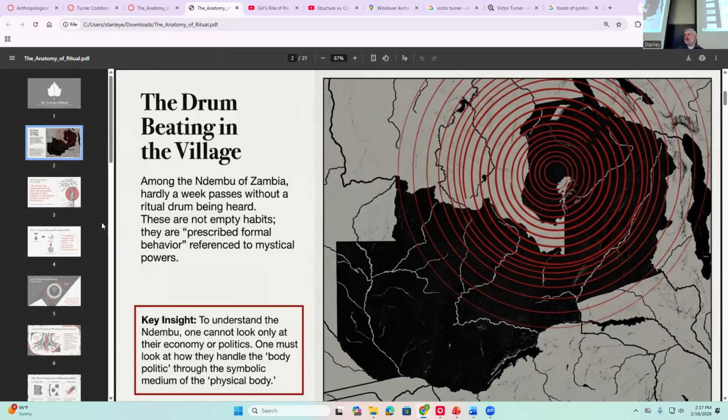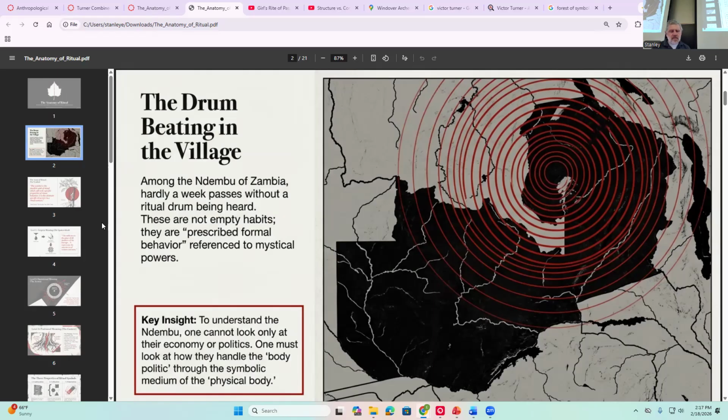Ritual has two functions according to him. It has this personal function, right? It allows you to think about your place in society and how you fit into things and what you're doing. And then it has this social function, right? It makes society go. You have these initiation ceremonies for people, or you have Christmas or Easter or whatever the ritual is, and it makes society go and brings people together.